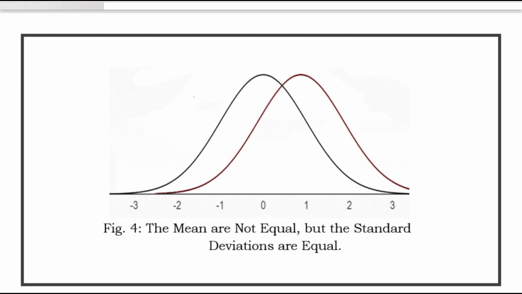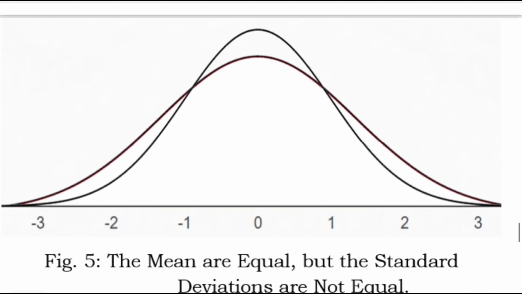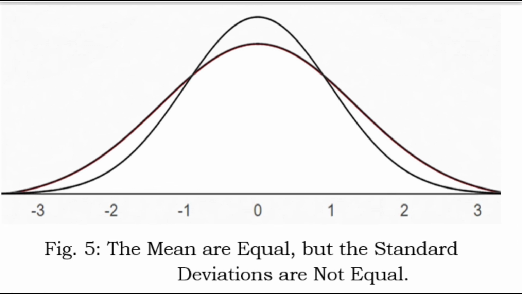As you notice, they have the same figure but the means are not equal. So it means the standard deviations are equal. Second, if the means are equal but the standard deviations are not equal.